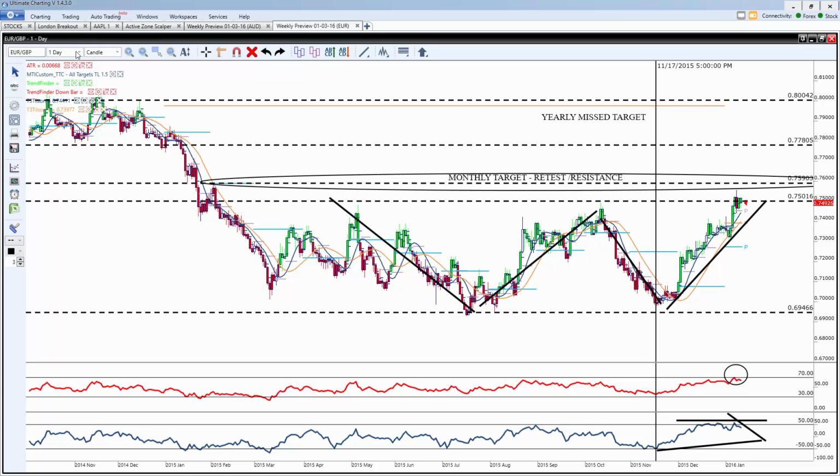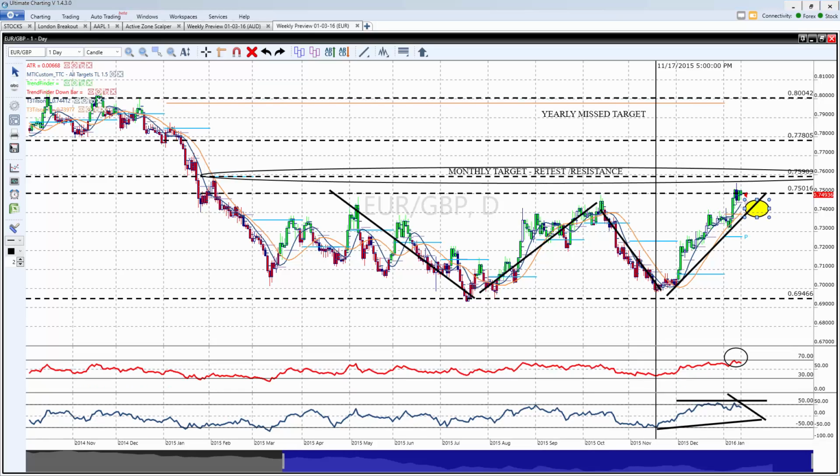So I'm expecting it may be breaking out right now, but may retest around this area. Okay, hold on a second. All right, I was just fixing the tool that was supposed to highlight and it didn't.